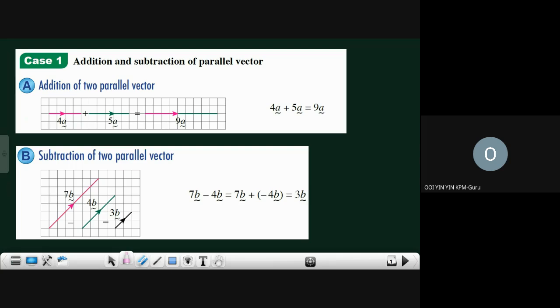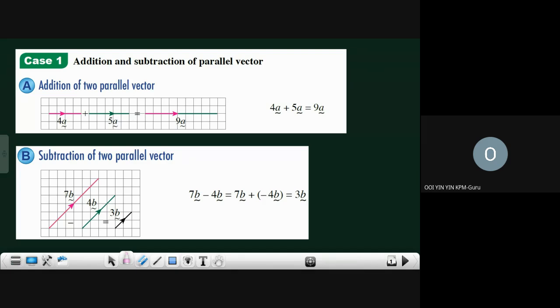But it's still confusing. I don't know whether your geography is not well learned? Your directions. Now, I'm not saying that your geography teacher did not teach you well, but maybe you're not good in directions, okay? Okay. Addition and subtraction of parallel vectors.